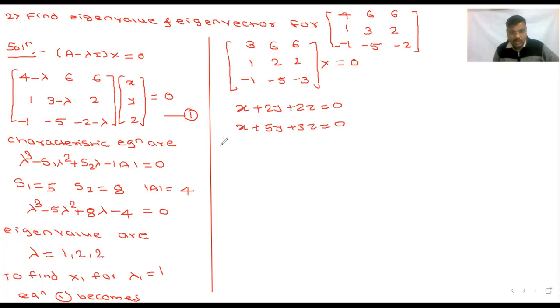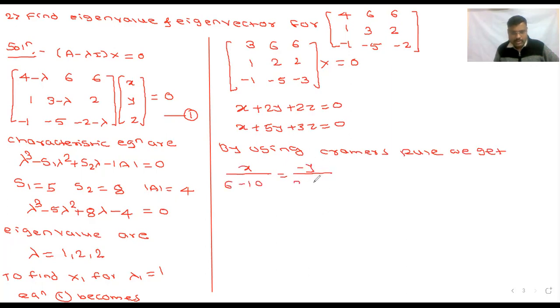So by using Cramer's rule, we get x divided by 6 minus 10, minus y divided by 3 minus 2, z divided by 5 minus 2.